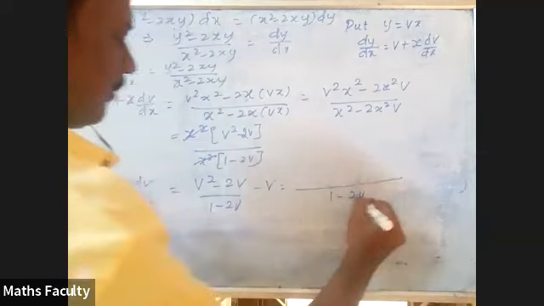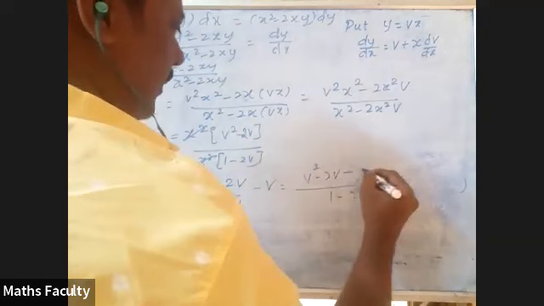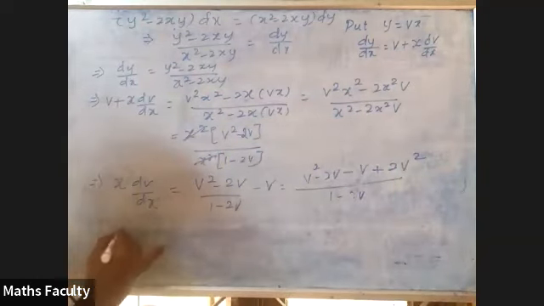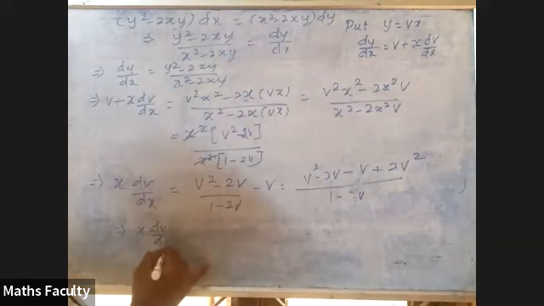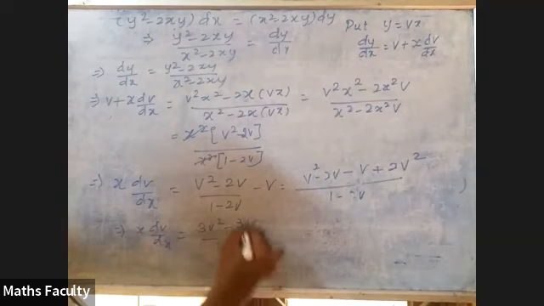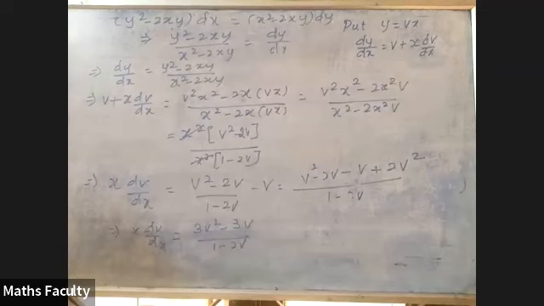Let us take the LCM 1 minus 2v, which is v squared minus 2v cubed minus v plus 2v squared. So x dv by dx is equal to 3v squared minus 3v divided by 1 minus 2v.